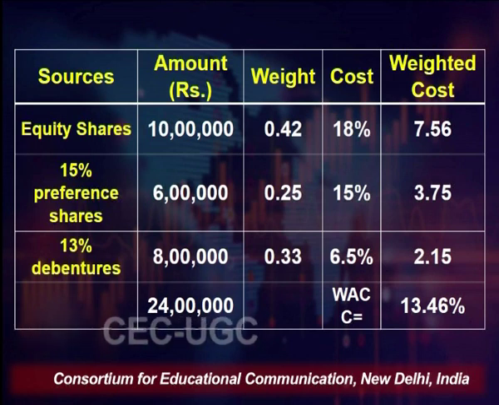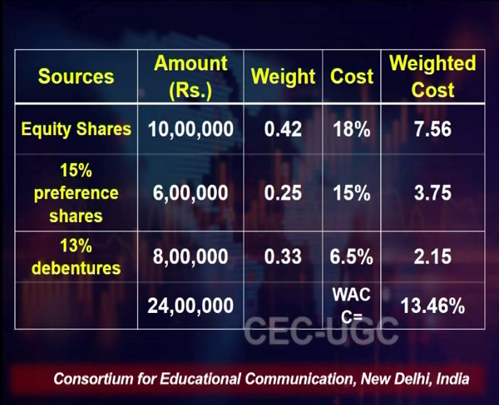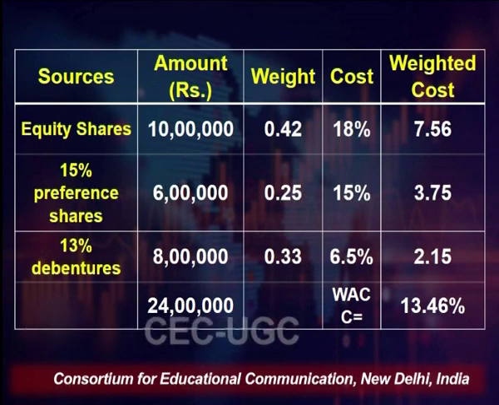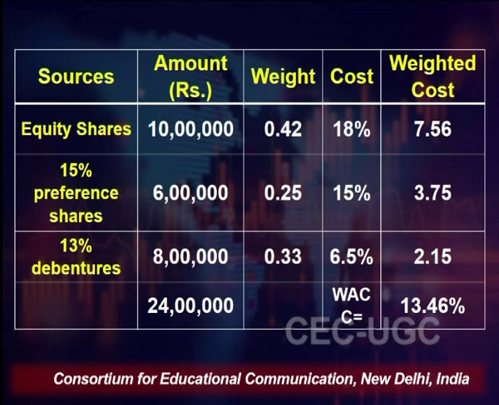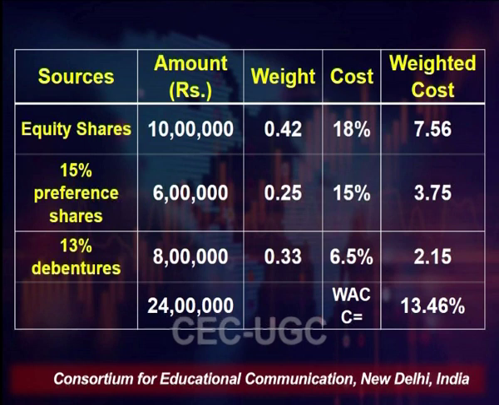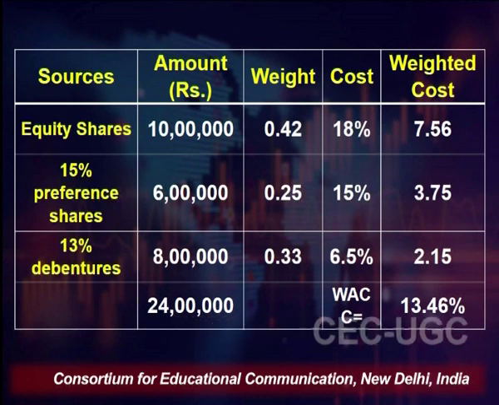That means 0.42 multiplied by 18, we will get the value 7.56%. 0.25 multiplied by 15%, we get the value 3.75%. 0.33 multiplied by 6.5%, the value is 2.15%. Now, by adding these individual values 7.56 plus 3.75 plus 2.15, we will get this overall value, that is 13.46%.